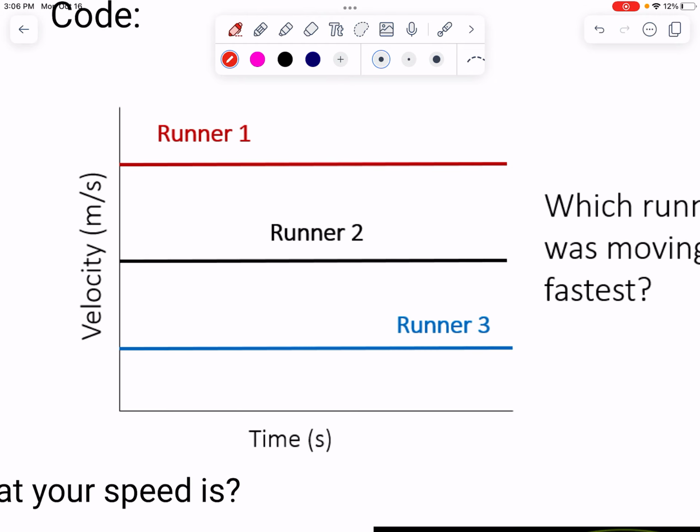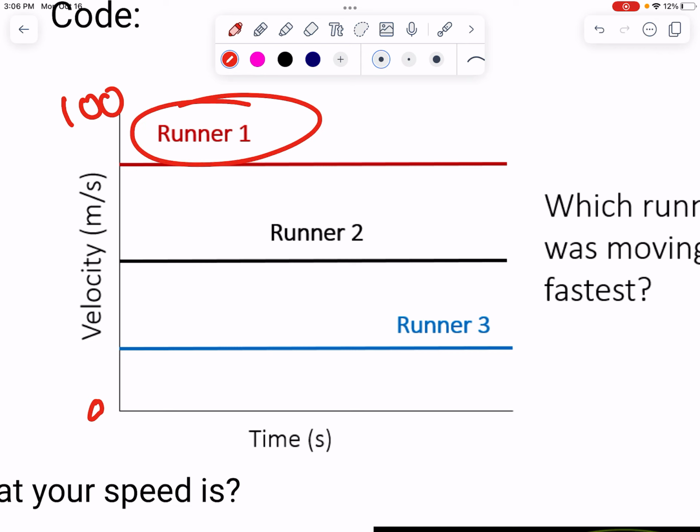So thinking about if down here, this is a velocity of 0, and just to keep this simple, let's say this is a velocity of 100. Which runner is moving the fastest? You can pause the video. All right. Now in this case, runner 1 is also the fastest.